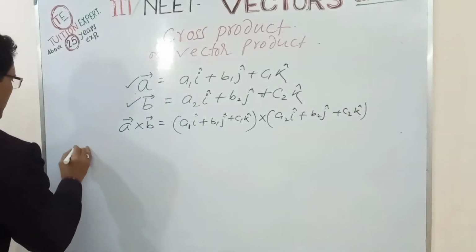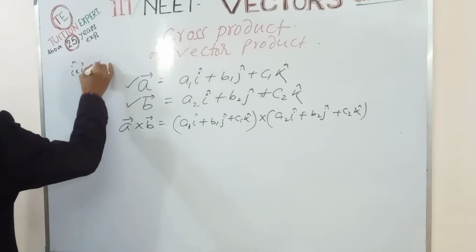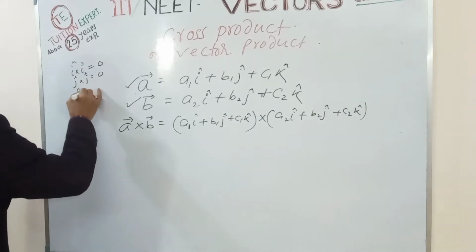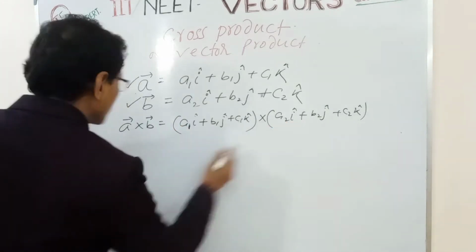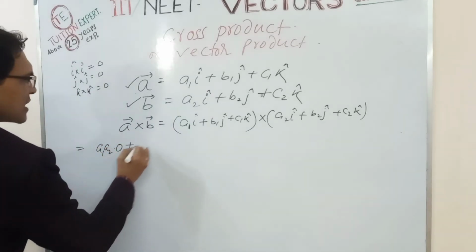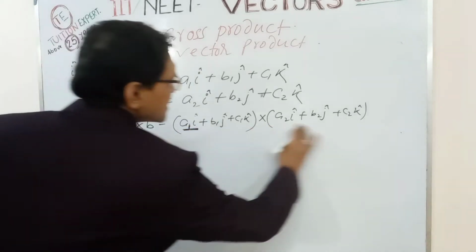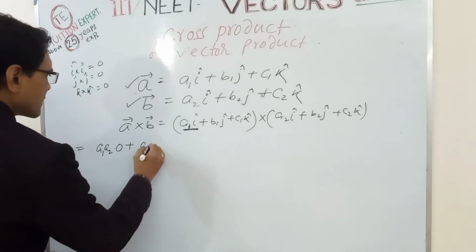We know the cross product of the same vector is equal to 0. So just multiply this way: a1 a2, I cross I is 0, plus a1 multiplied with b2, I cross I is 0.